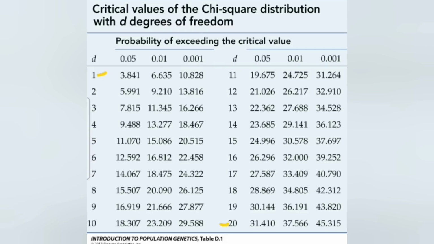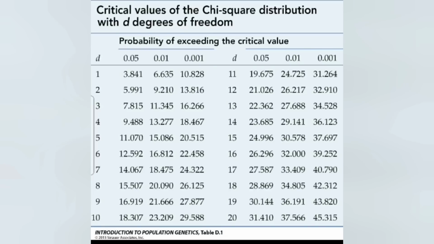You can have your samples in rows or columns. Whether in column or row, just subtract 1 from the total number of elements or data that you have, and that will give you the degree of freedom. So that is how I got 6 minus 1, that is 5.